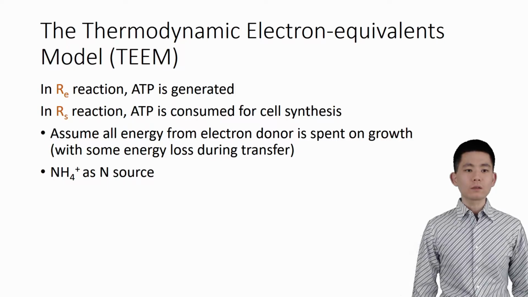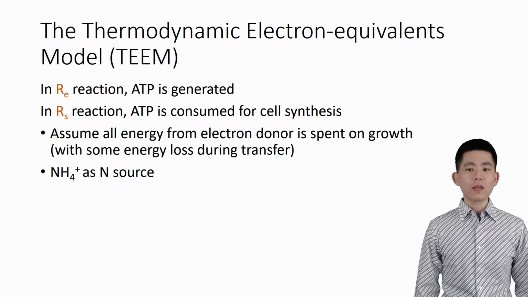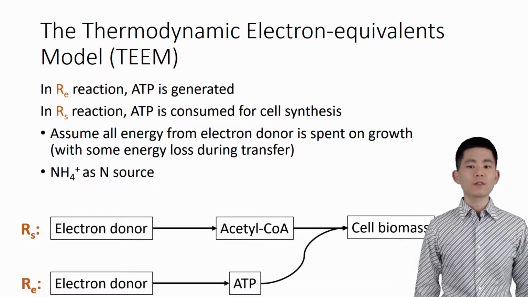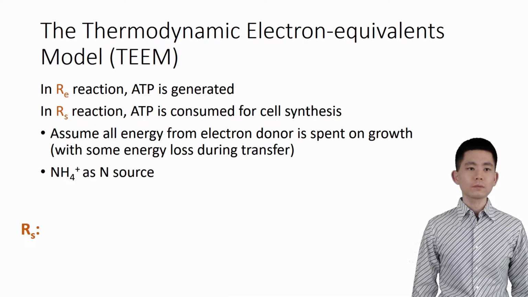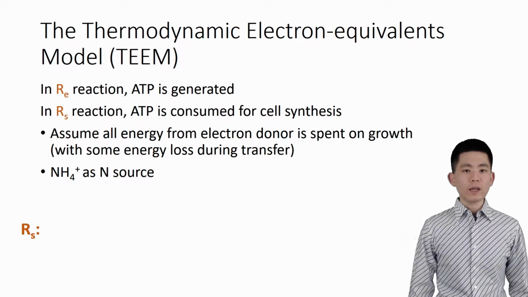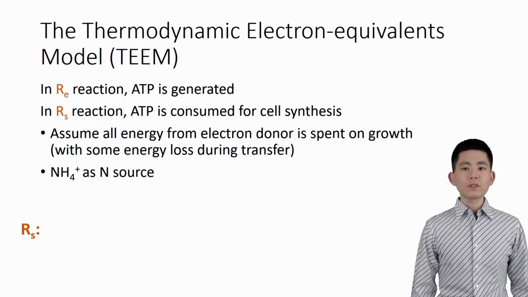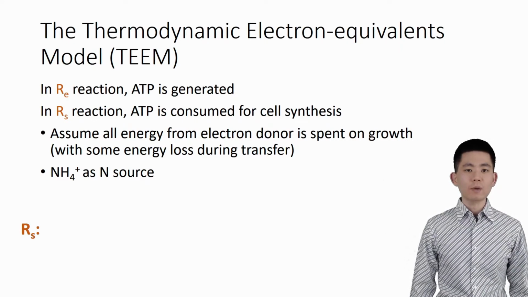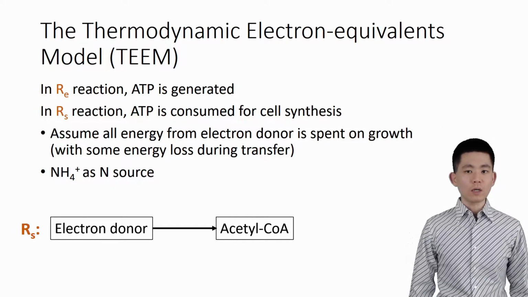As you recall, in the energy reaction Re, a fraction of electron donor creates energy carriers, such as ATP, which is then used to drive cell synthesis from the other fraction of the electron donors. If we look at the thermodynamics of the Rs reaction, to synthesize cell biomass, the electron donor is first converted to a common intermediate, acetyl-CoA.